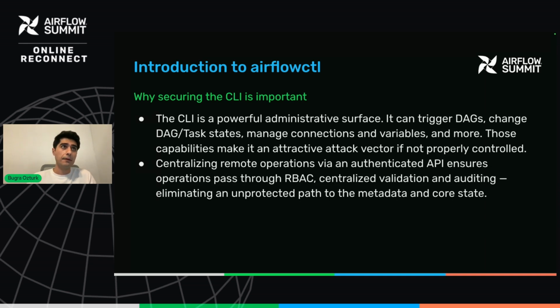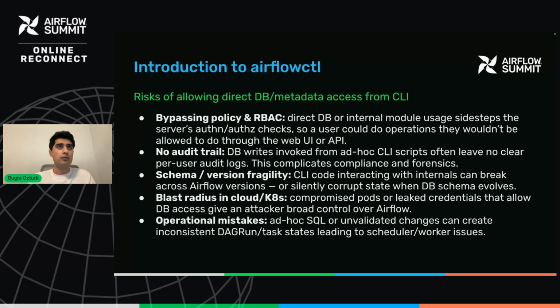Also, one of the other aspects is having the RBAC and authentication layer on the CLI for enhancing our auditing, enhancing our traceability, as well as securing the CLI. Multiple great presenters in the keynote mentioned the risk of having direct database connection from other components.